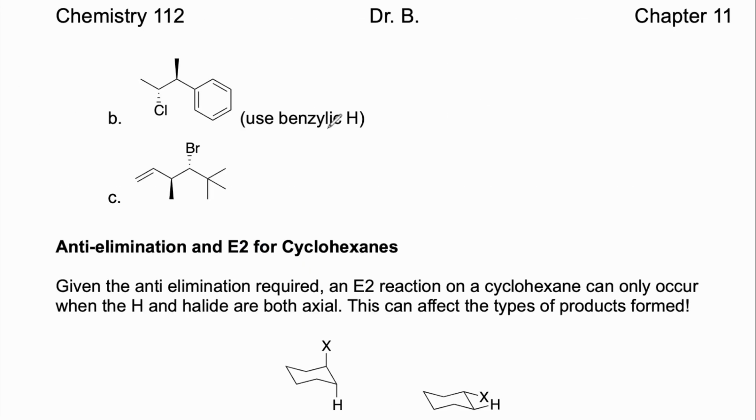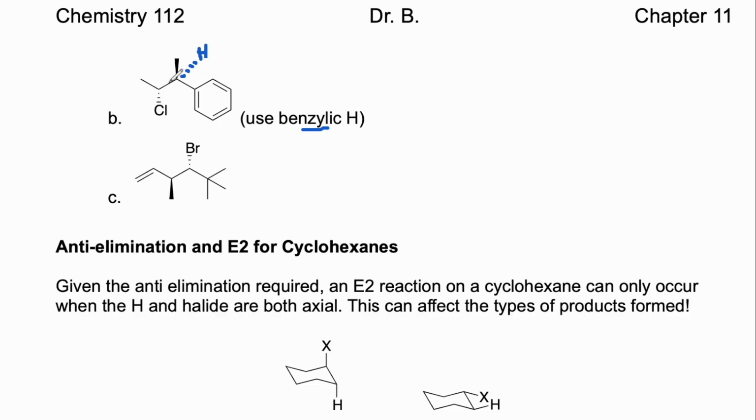So this one tells us to use the benzylic hydrogen, not this hydrogen that is on the end. This benzylic hydrogen is going down away from us because the methyl group is coming up, and then this chlorine, or the chloride, the leaving group, is also going down. So these are on the same side.